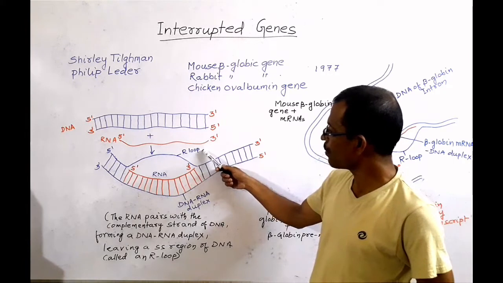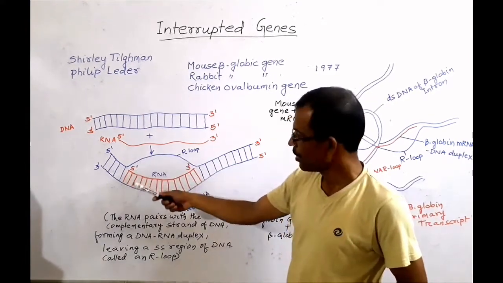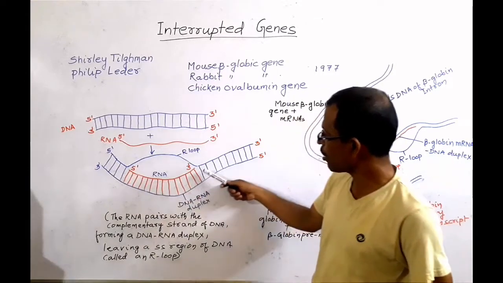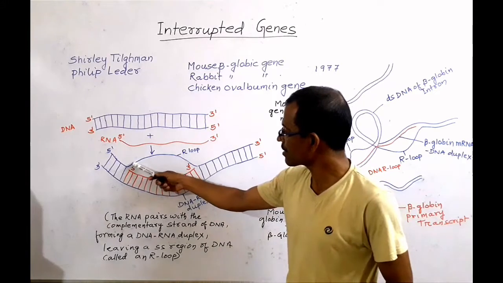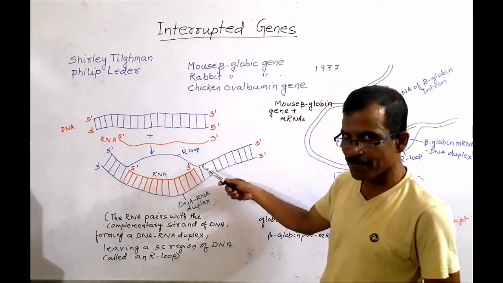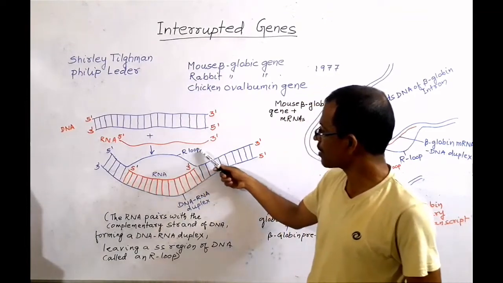This R loop is formed by the displaced strand. During the formation of this RNA-DNA hybrid, the equivalent strand has been displaced, and this displaced strand has formed the R loop.